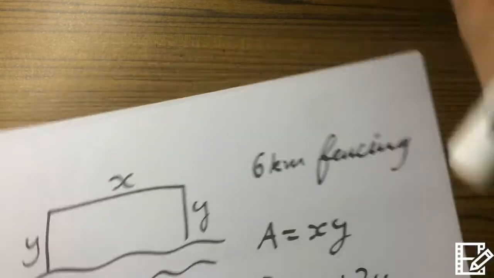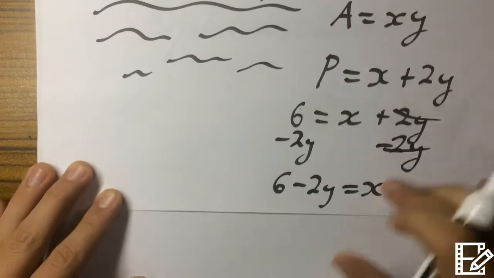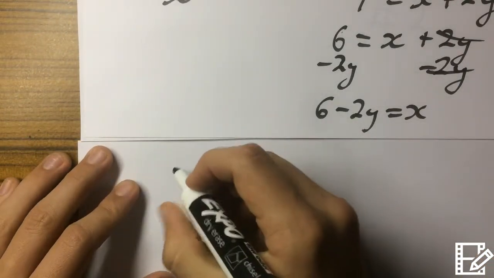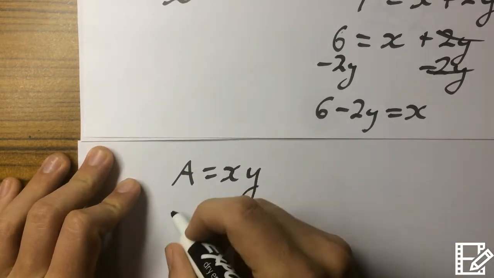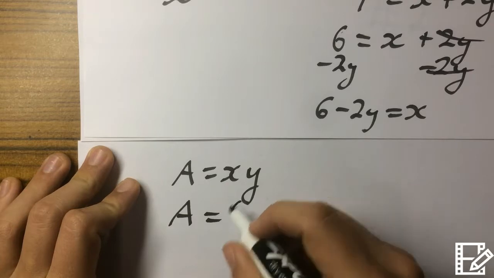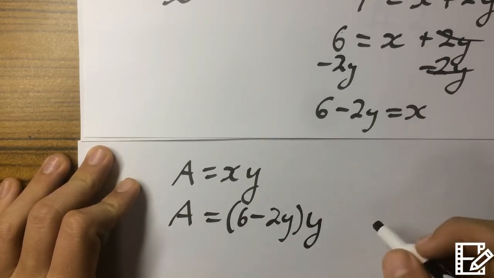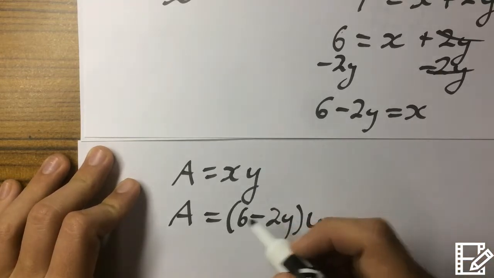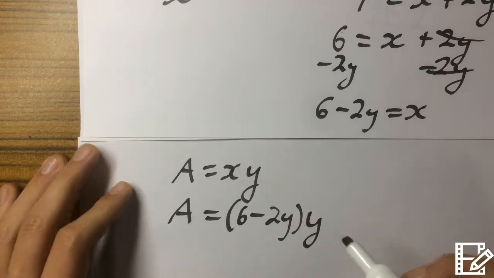Now we have x on its own, and we can put this into the formula for area. So area is equal to xy. Now it is equal to (6 minus 2y) multiplied by y. Keep in mind, these are the same things, because x is equal to 6 minus 2y, therefore we can use either one in that spot.